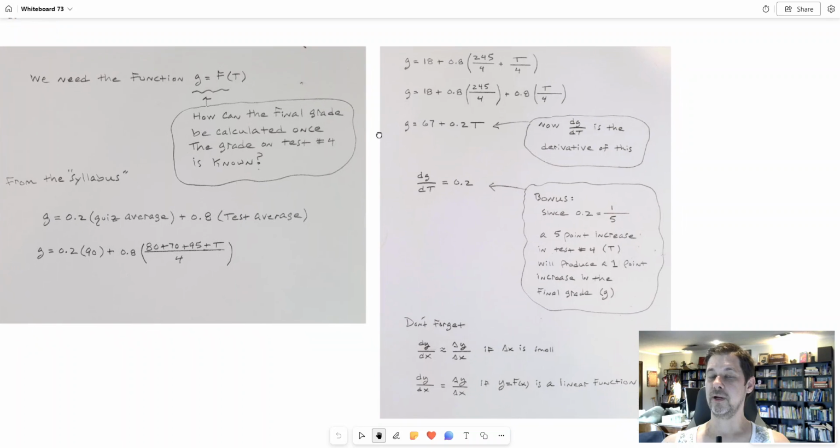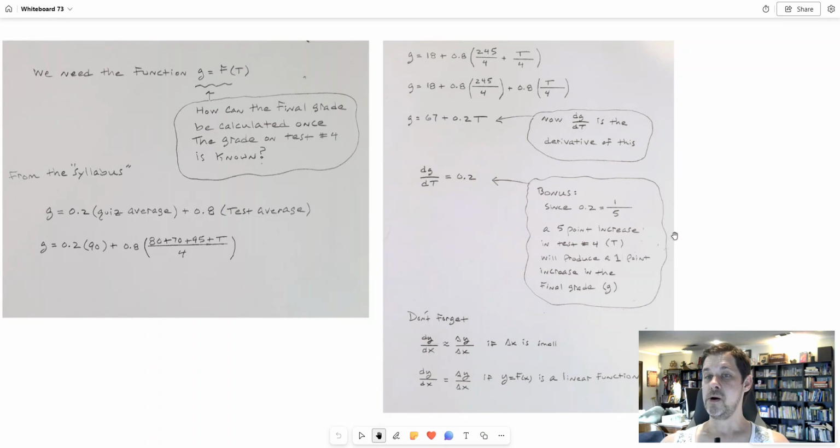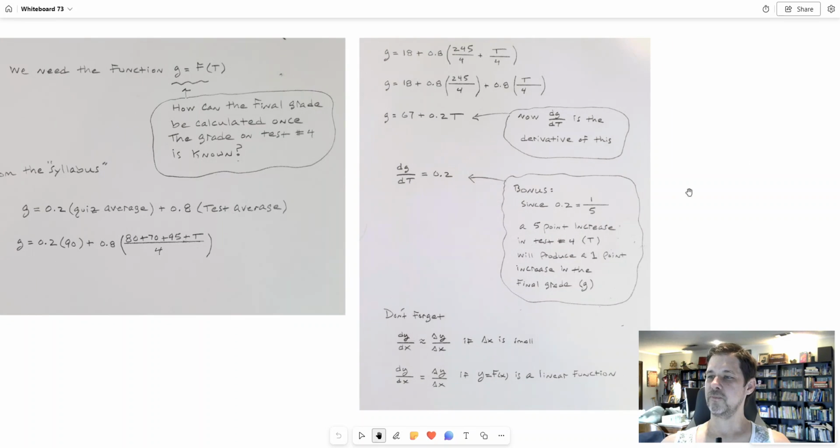Now here's what I like about this question. One, I think everybody should know how to calculate their grade, so we get exposure to that. And two, think about what this means. So the derivative is 0.2. What does that tell you? Well, derivatives in Leibniz notation have a correspondence to average rates of change.